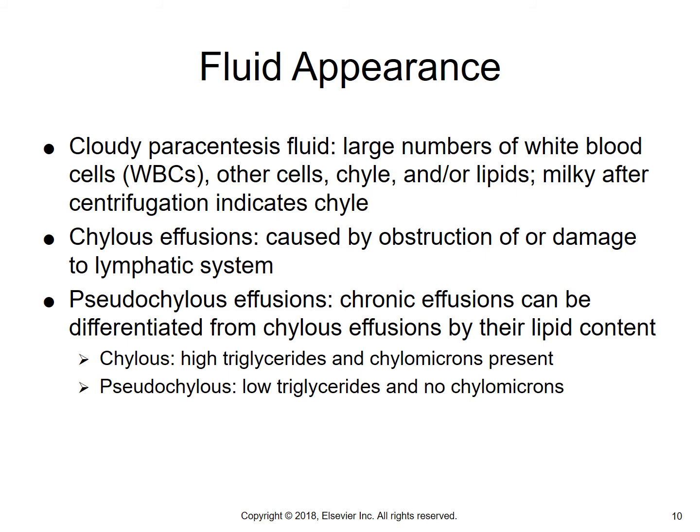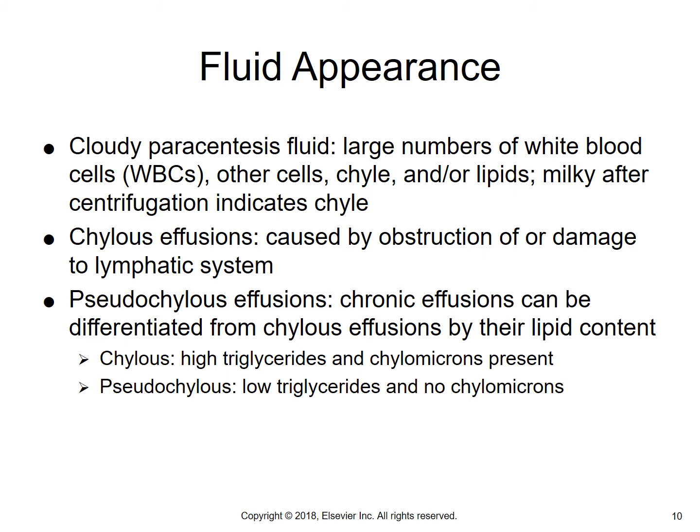If you're seeing a milky type of appearance that persists after centrifugation, this indicates the presence of chyle, which is a mix of lymph and chylomicrons. The cause of this is some kind of obstruction or damage to the lymphatic system. And in the pleural cavity, it could be caused by certain types of tumors or trauma during surgery.